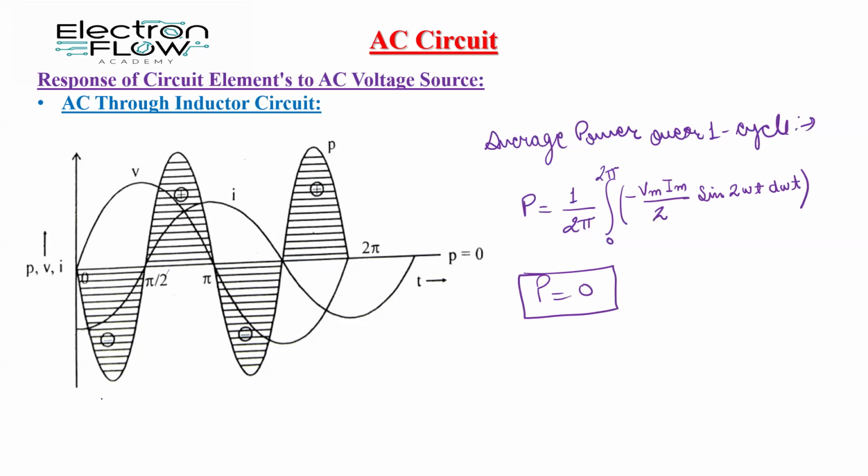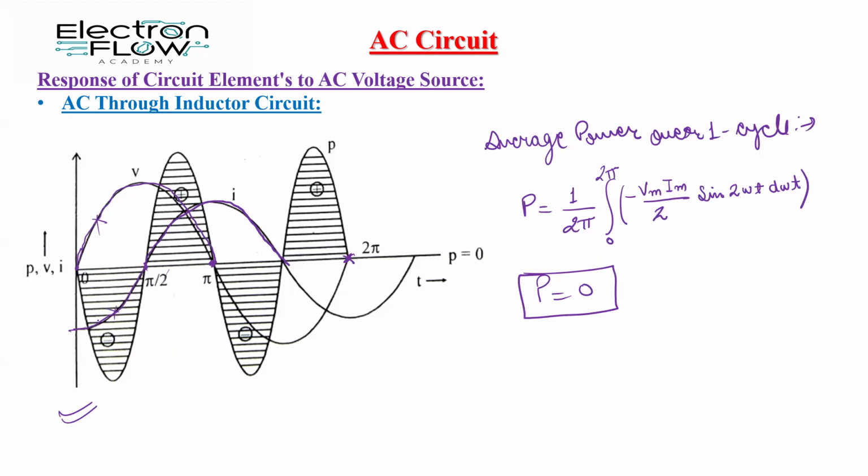Or we can cross-check this by waveform representation. We can see that the voltage starts from 0 like that, and 2 pi is one cycle. The current waveform lags the voltage by 90 degrees, so it starts from here. Power is equal to V times I, so if I multiply those values, I get negative power.